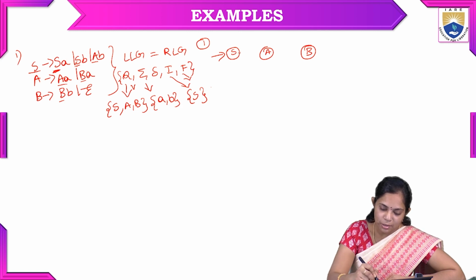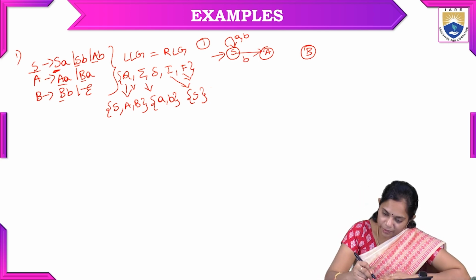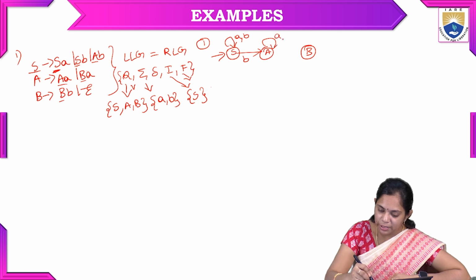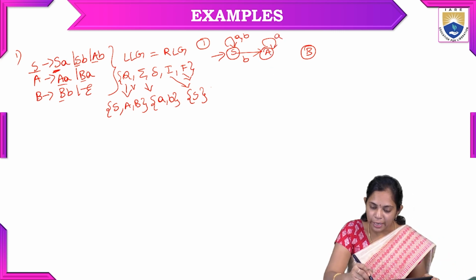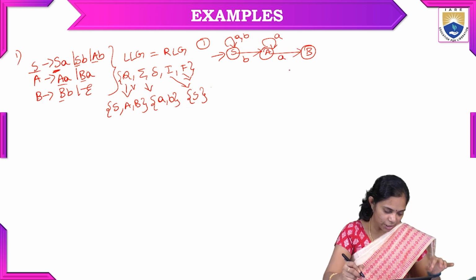So SA as an input symbol, it is reaching the self state A, and from S tends to B also, we will get B, and from S tends to B as an input symbol, it is reaching the state A. And next step, from A state, A as an input symbol, it is reaching the self state, and A as an input symbol, it is reaching the B state also.